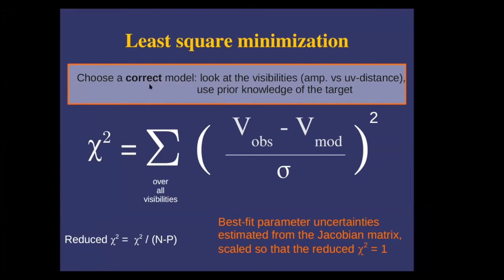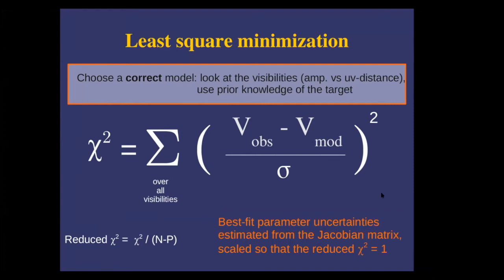For this, you can guide yourself by looking at the visibilities. For example, you can plot the amplitude versus UV distance and see if it looks like a reasonable Fourier transform of, for example, a point source or a Gaussian or something like this. Or you also can use prior knowledge of the target to guide your fit.